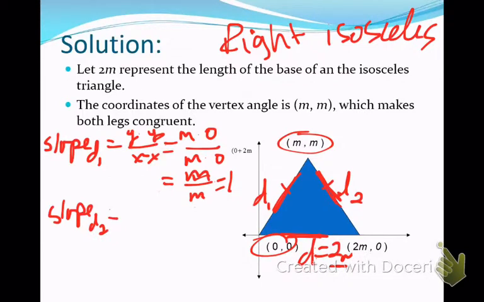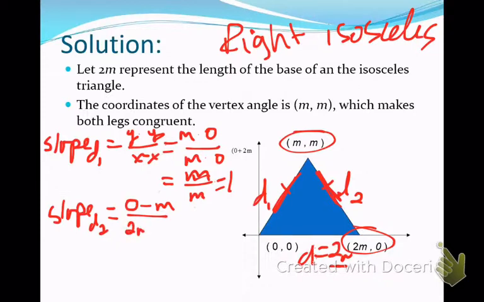Same thing, subtract the y's, so I go 0 minus m in the two points I'm using here, in case it's hard to follow. Now for D2, I've got to use these two points. So 0 minus m over 2m minus m.